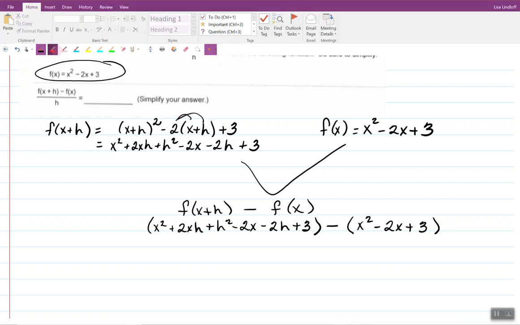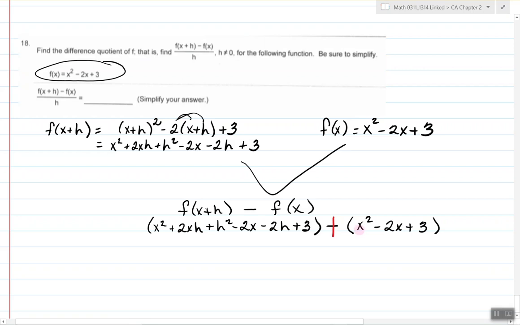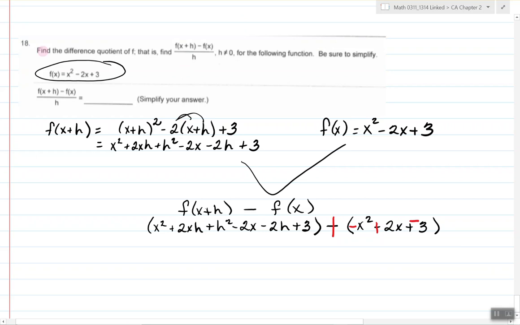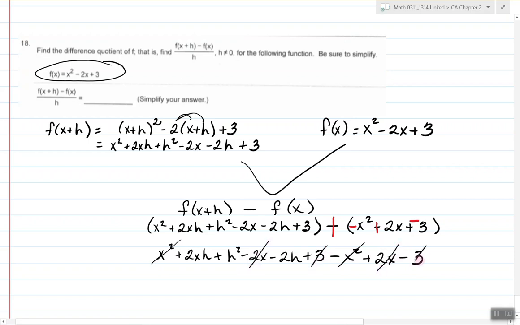All right, so I'm going to change it to plus, minus, plus, minus. So I have x squared plus 2xh plus h squared minus 2x minus 2h plus 3 minus x squared plus 2x minus 3. The x squareds go. The 2x's go. The 3's go.